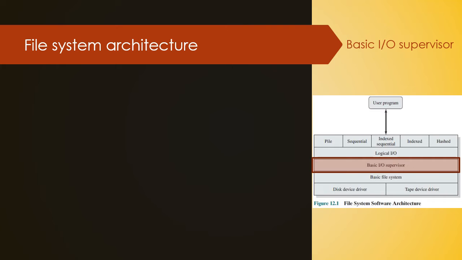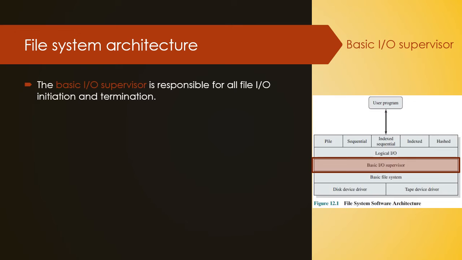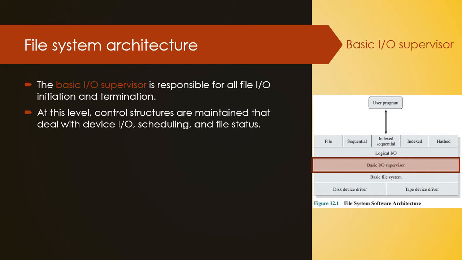Moving up, we come to the basic I/O supervisor. The basic I/O supervisor is responsible for all file I/O initiation and termination. At this level, control structures are maintained that deal with device I/O, scheduling, and file status.